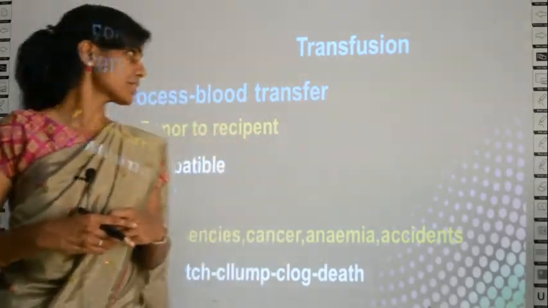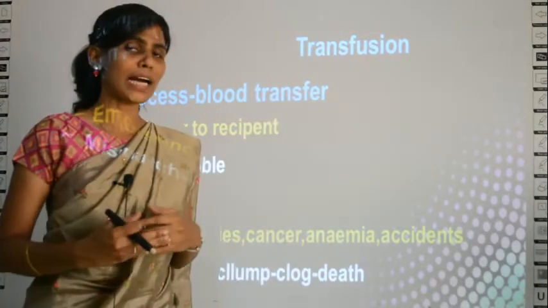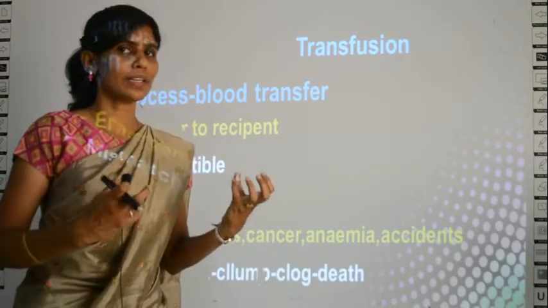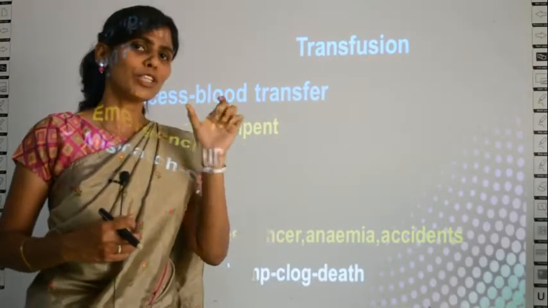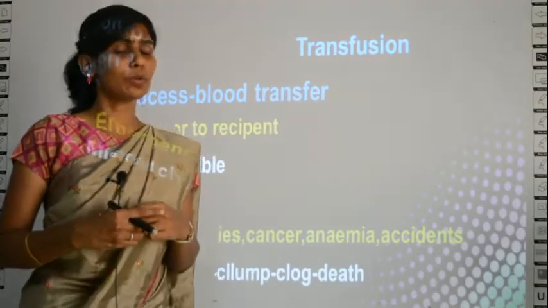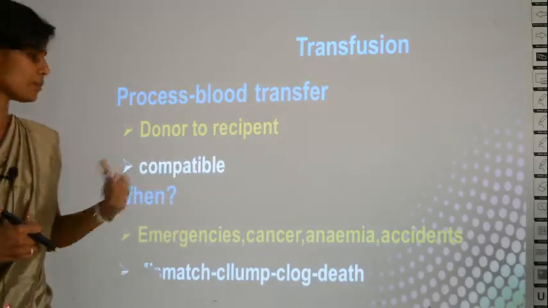Clear? So, what have we studied about transfusion? Transfusion is the transfer of blood from a donor to a recipient, provided we follow the rule from which blood group people to which blood group people it should be transferred. We have to follow the rule of compatibility.